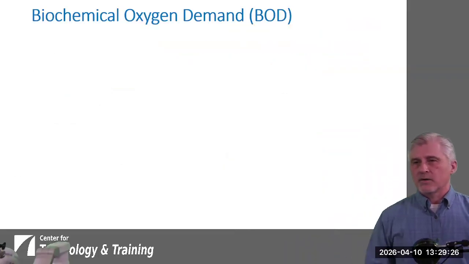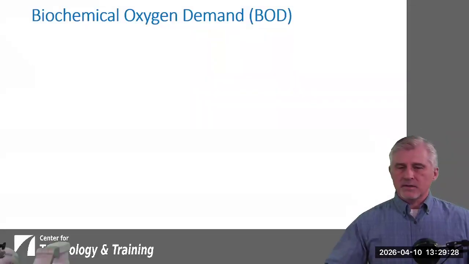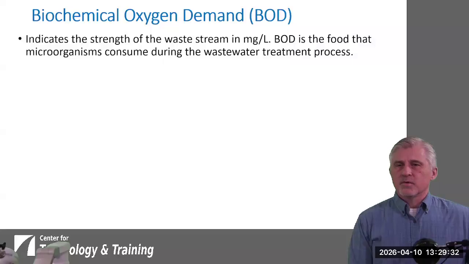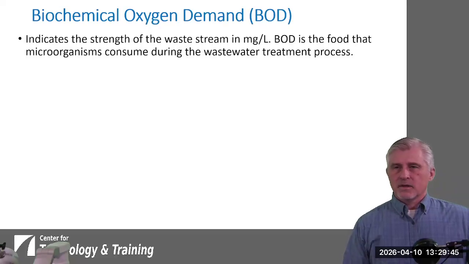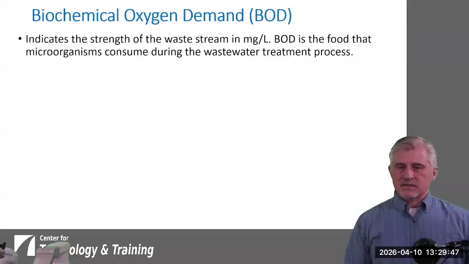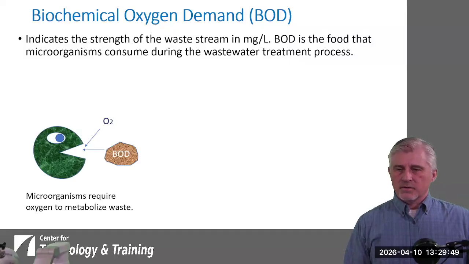So let's talk about biochemical oxygen demand, BOD. BOD indicates the strength of a waste stream in parts per million. BOD is the food that microorganisms consume during the wastewater treatment process. So these bugs need food to eat, and BOD is how we look at that food. We've got this little bug here.